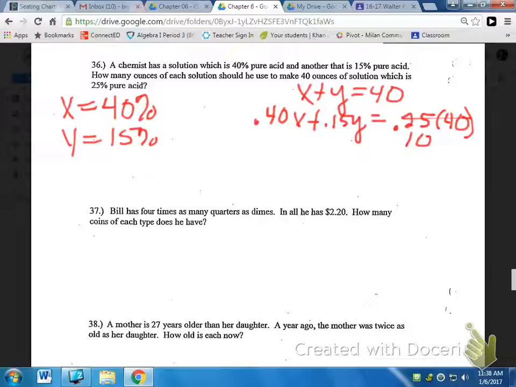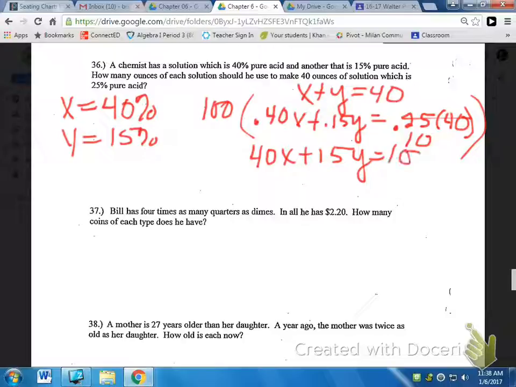All right, we don't want those decimals in there, so we're going to take this bottom one times 100, and it would be 40x plus 15y equals 1,000. Then you're going to take the top equation and multiply it times negative 15. So negative 15x minus 15y equals negative 600.